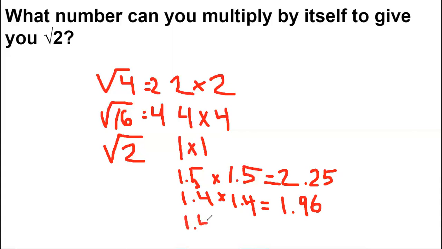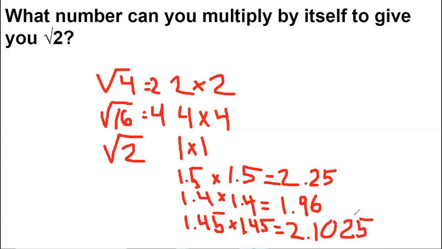What if we tried 1.45 times 1.45? 2.1025. So that's over, right? So we can't find a number that exactly gives us 2. So the square root of 2 is irrational.